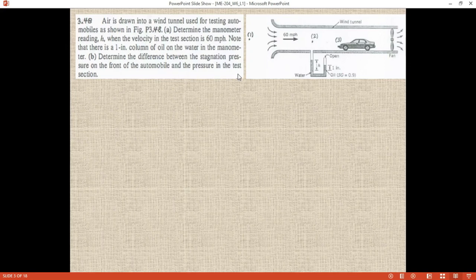So first of all, we should understand what a wind tunnel basically is. A wind tunnel is an experimental setup where we can observe the effect of air pressure and temperature on different test equipment. For the test here we have an automobile, and how do we maintain the pressure? There is an exhaust fan and there is an inlet which is open to the atmosphere.